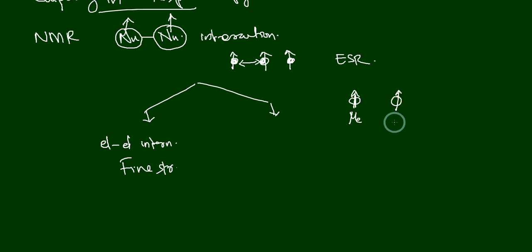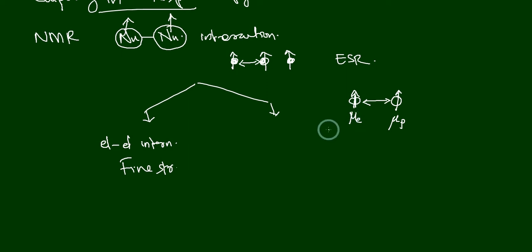For example, you are considering the nucleus of the hydrogen atom. The nucleus of the hydrogen atom is nothing but a proton. Therefore, I can write the magnetic dipole moment of the hydrogen nucleus is mu P, that is the magnetic dipole moment of a proton. So there are two magnets, an electron magnet and a nuclear magnet or a proton magnet. These two magnetic dipole moments can also couple.